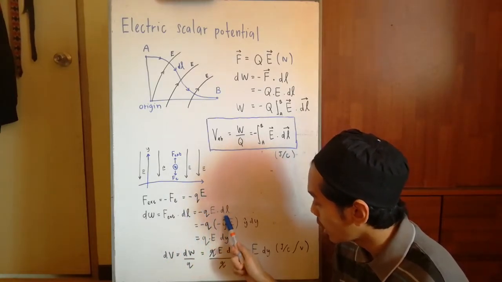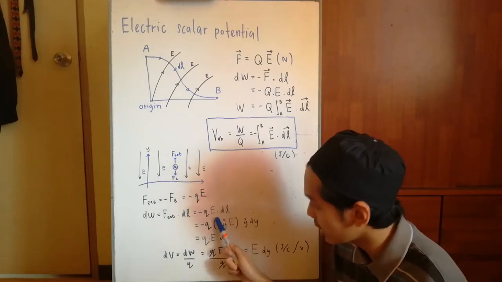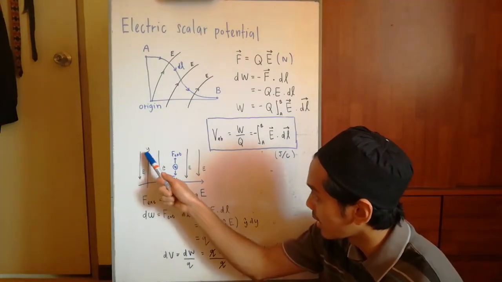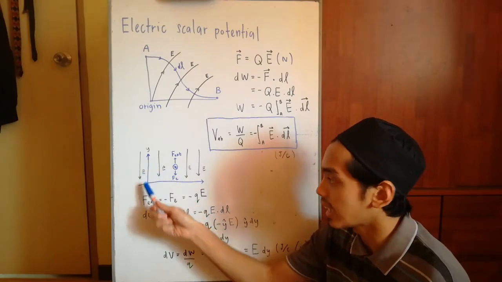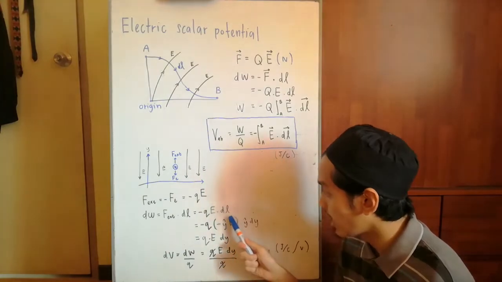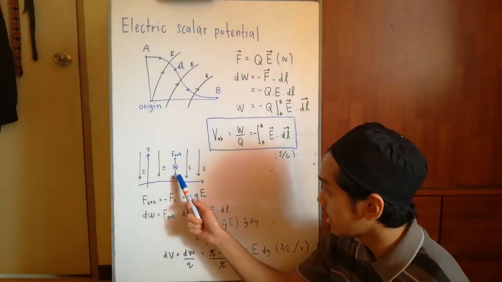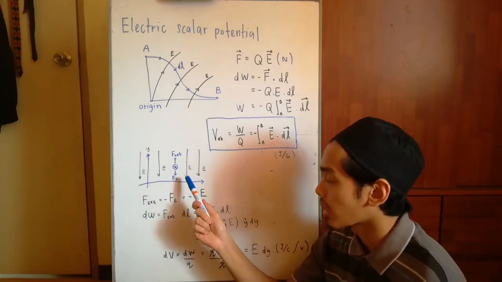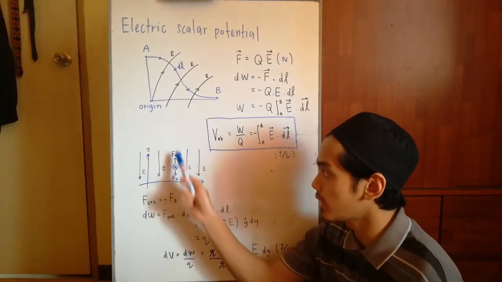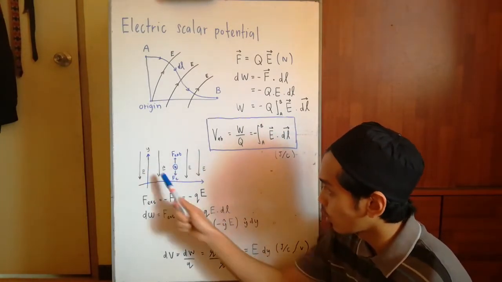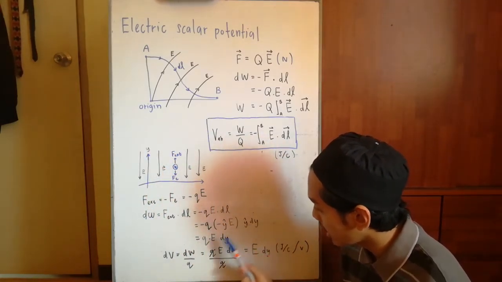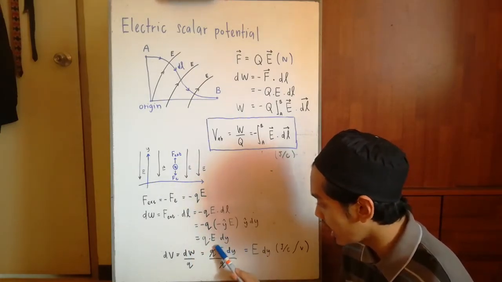To substitute, first the direction of E is negative y, so we put here negative y cap E, dot dl. dl is the direction of Q, and our Q is moving upward, so y cap dy. So the final equation we will get is like this, Q E dy.